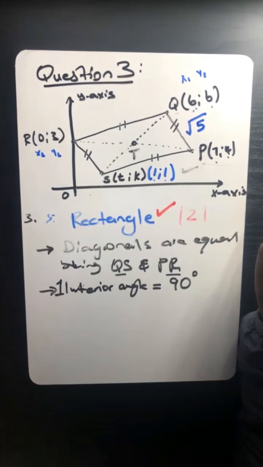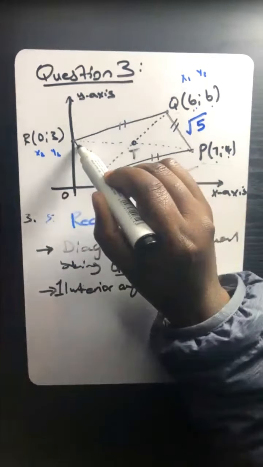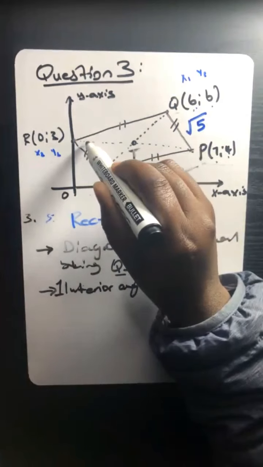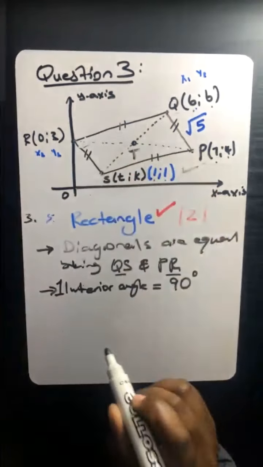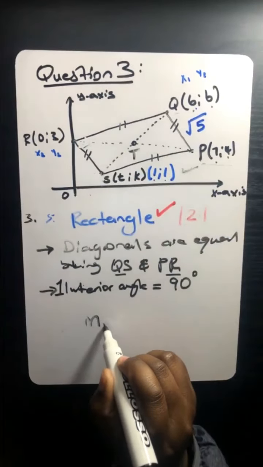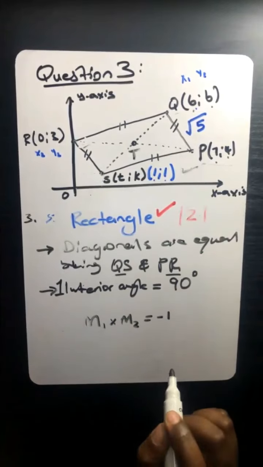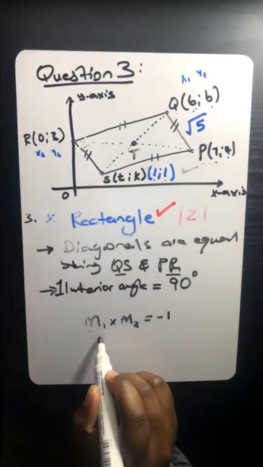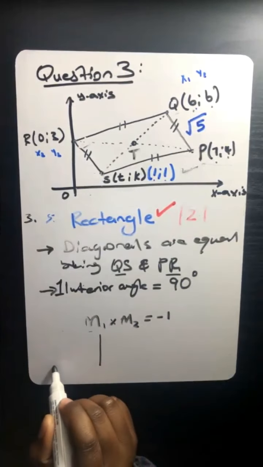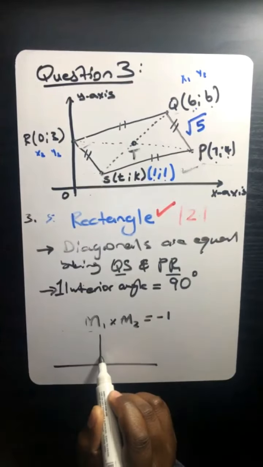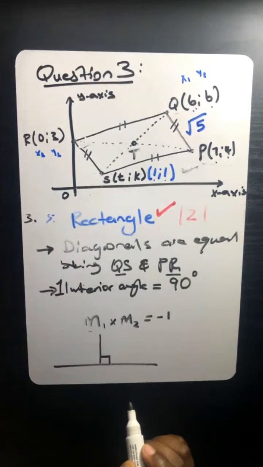In 3.4 we proved that QR is perpendicular to RS. So since QR is perpendicular to RS, it means there is a 90-degree angle because we proved it. 100%. So, ladies and gentlemen, for you to say M1 multiplied by M2 is equal to -1, it means this line of M1 and that line of M2 form a 90-degree angle.